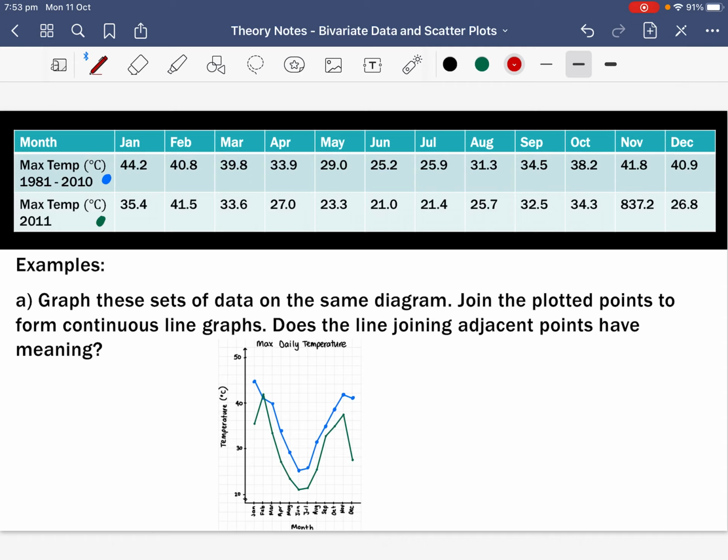So time is usually shown on the horizontal axis whenever we are looking at bivariate data, and plots along the line segments cannot be read as data points, but the line does indicate a trend between the data points.